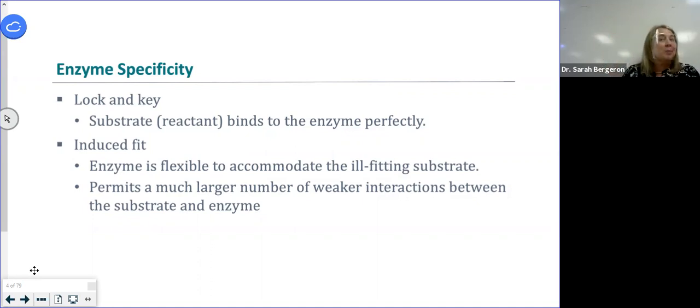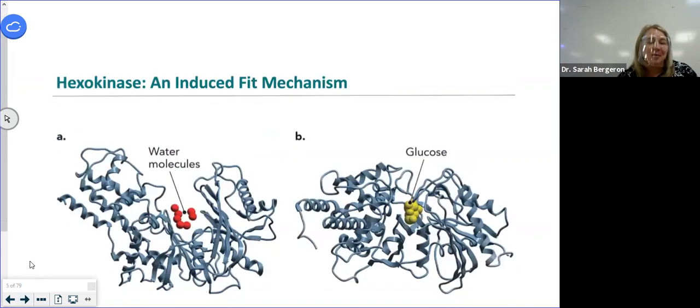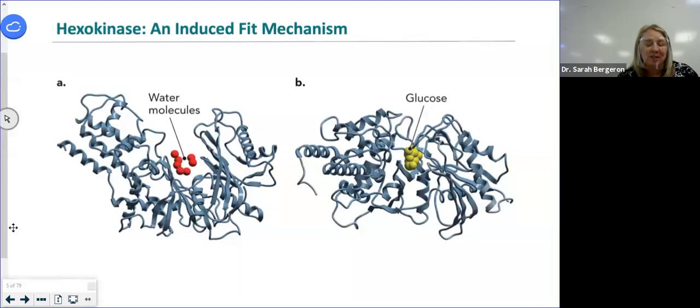It doesn't have super high affinity for the substrate, and it doesn't have super high affinity for the product. Because if it had super high affinity for the substrate, it would never turn it into the product. If it had super high affinity for the product, it would never kick the product out, right? So it kind of actually makes sense. And we're going to talk about all the details on this and how it actually works today.